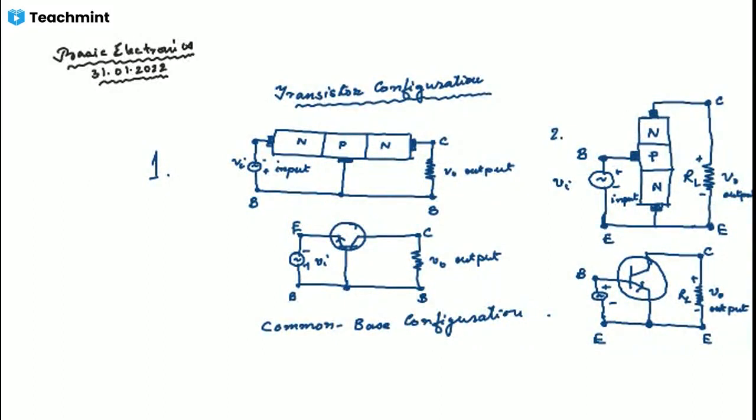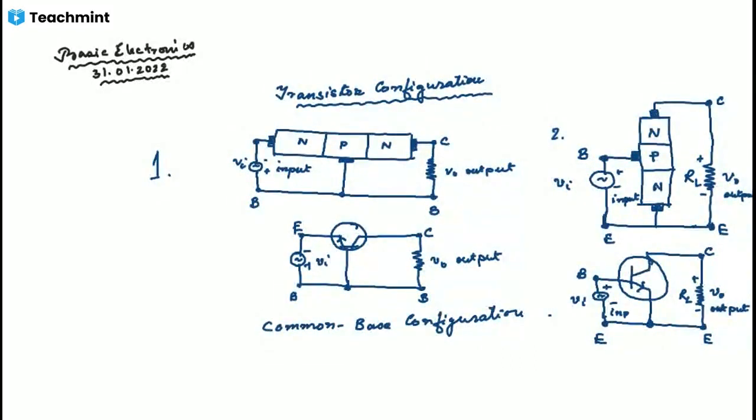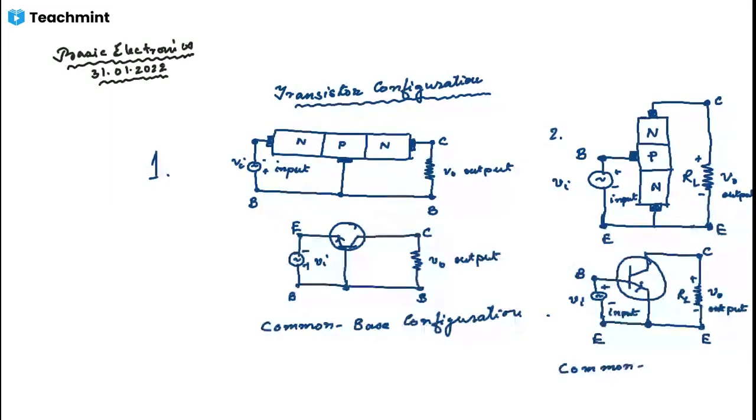Okay, so this is like this. This is the input Vi. So this is the common emitter configuration.